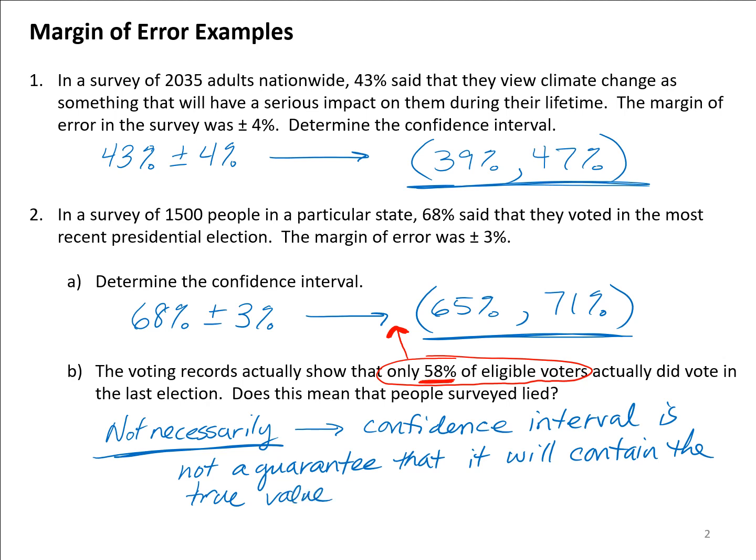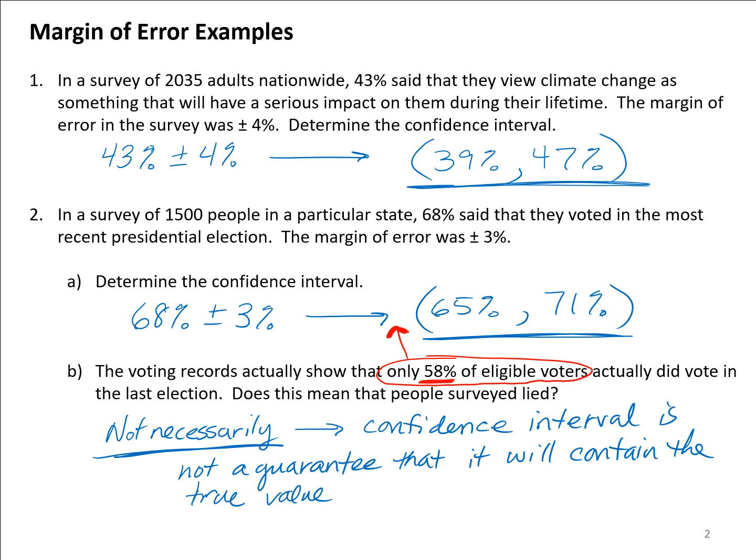So it may be definitely possible here that we got a sample that was a bit unusual, and so its confidence interval did not contain the true percentage of people who voted in the presidential election. So that's definitely possible. It's not very likely, so we would consider it unlikely, but it is possible. So we can't automatically say that there were people who lied.